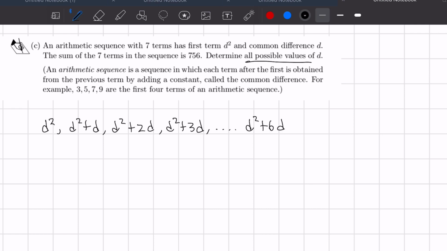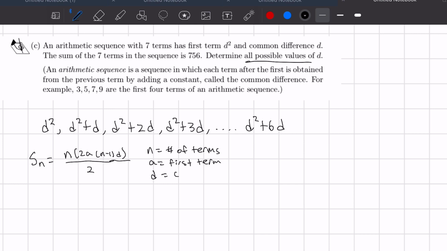So if you memorize the formula, the sum of an arithmetic series is n over 2 times 2a plus n minus 1 times d, where n is the number of terms, a equals the first term, and d equals the common difference.